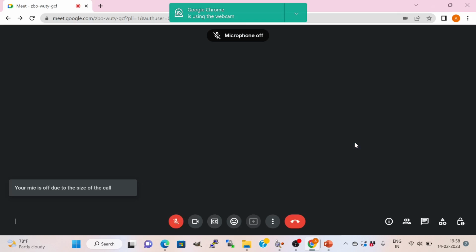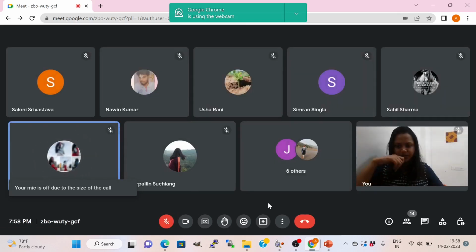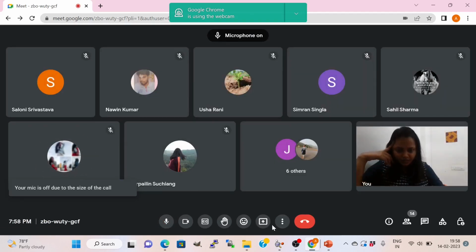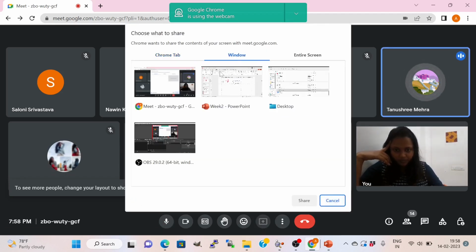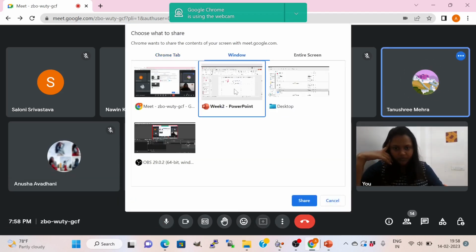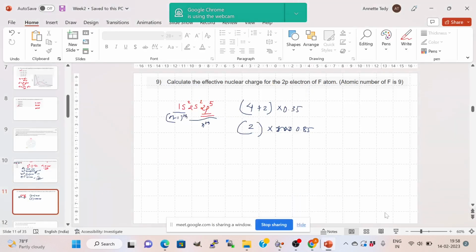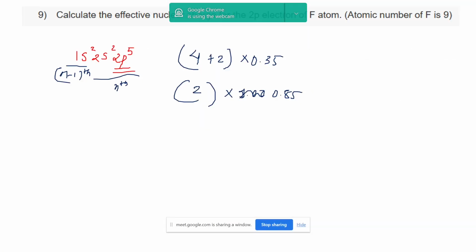The reason why we have taken 4 plus 2. Yeah, but sorry, earlier we were taking one electron, so why did we take four electrons this time? One second. So what is the question? Actually, I was disconnected.